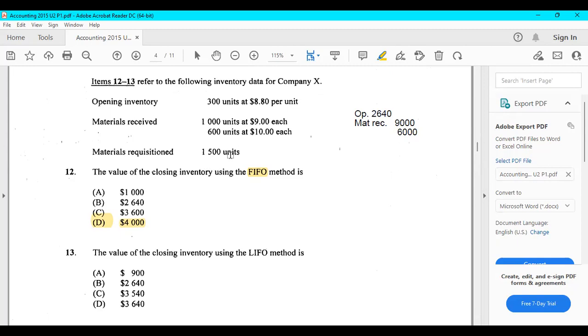So we're going to get the first batch from the last ones that were received, right? So it will be from the 600. All the 600 gone. Remember, it is 1,500 units that we've requisitioned. So where is the next 900 going to come from? It's going to come from this batch up here with 1,000 units at $9 each.